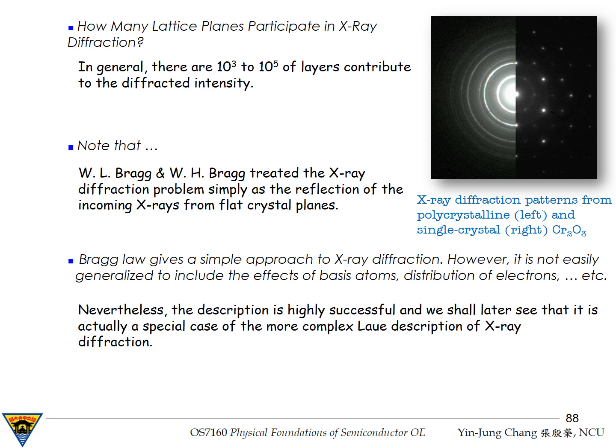The electron density distribution also plays a role, and basis atoms within a unit cell can modify the diffraction intensity. Because of these complexities, the Bragg law is not easily generalized to include atomic basis structures, electron density distributions, and complex unit cells.